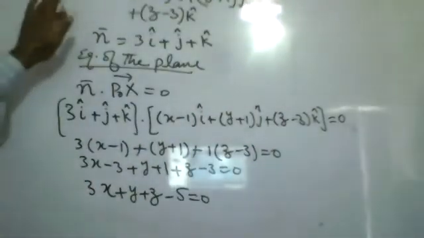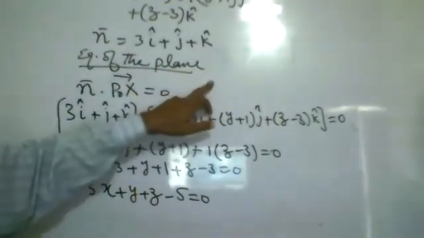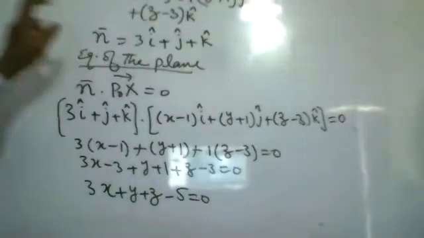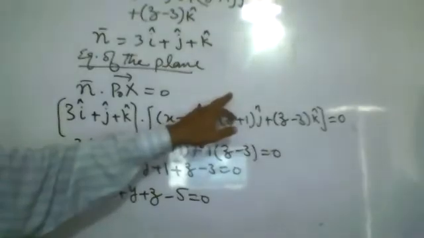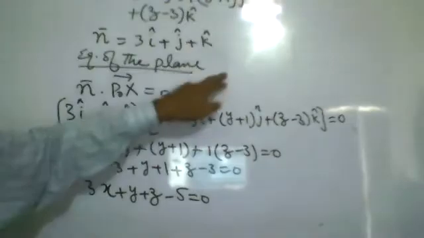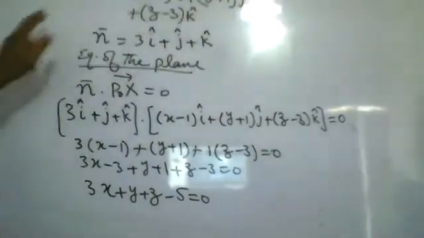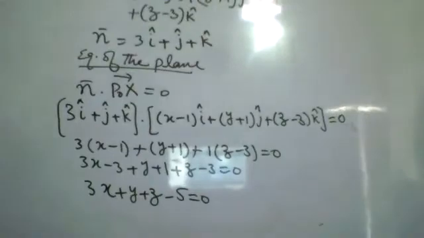There is one point A, there is the other point B, there may be the third point C. So we will take any point of them, and find the vector AB and vector AC, and we'll take the cross product of both the vectors.